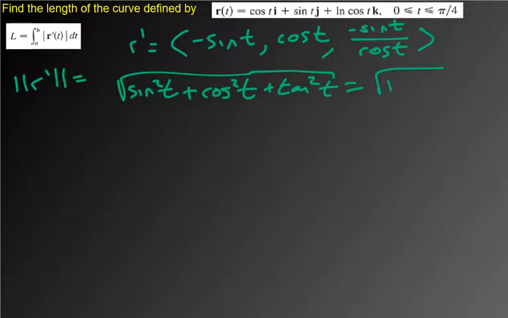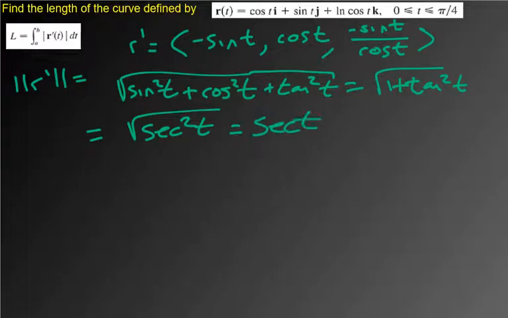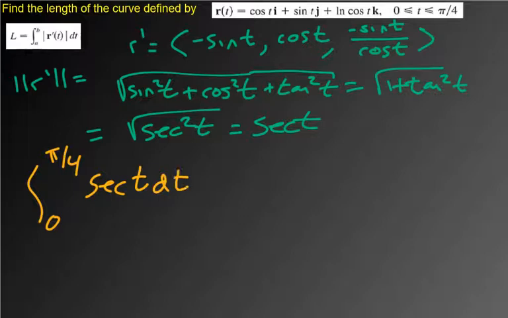So we have 1 plus tangent squared t. And this is another famous trig identity, 1 plus tangent squared is secant squared. So we have the square root of secant squared, and then we can write just secant. And so that whole big messy problem just boils down to the integral from 0 to pi over 4 of secant t dt.